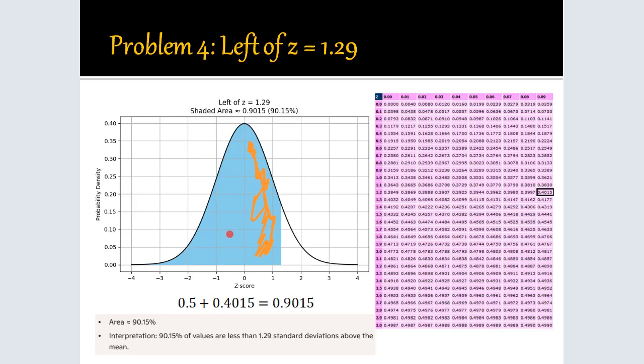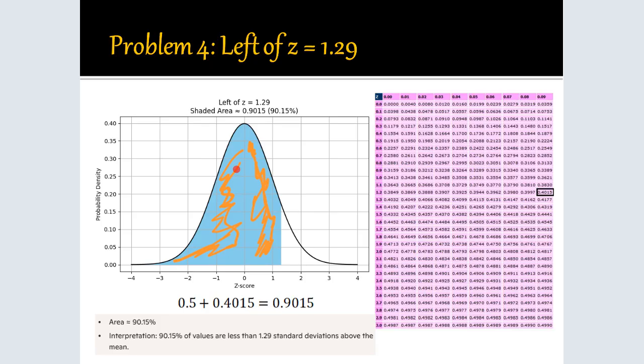But this is also part of the left of 1.29. That's why we're going to add 0.5 plus 0.4015. That will give us 0.9015. Then multiplied by 100, that will give us 90.15%, which means 90.15% of the values are less than 1.29 standard deviations above the mean.